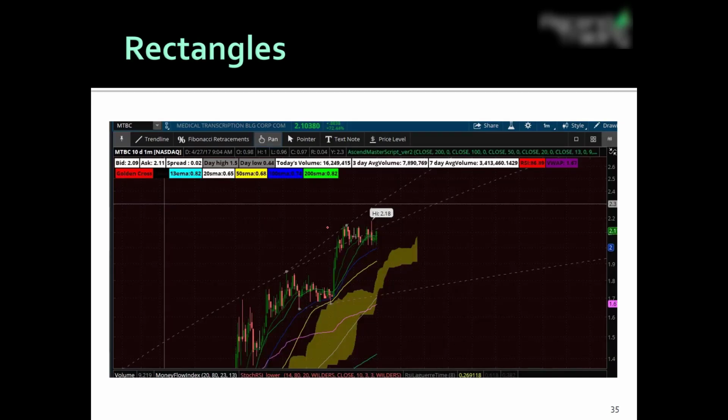So here's one from MTBC, which was about a couple weeks ago. You can see here the trendline SARs. Let's say you bought around this area, and now the price is around here. What's the best action you should take when you got in early?